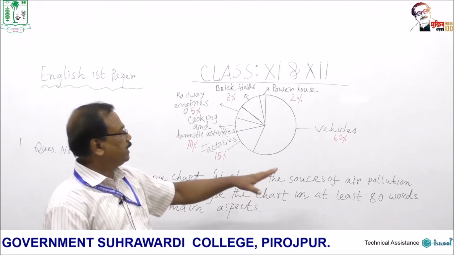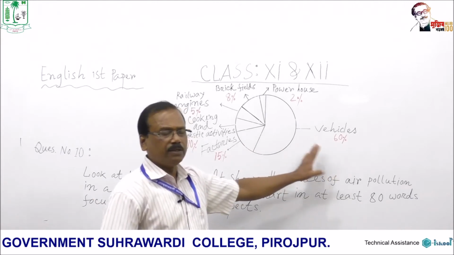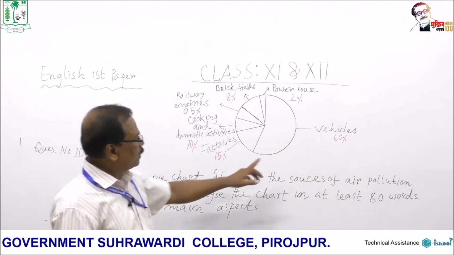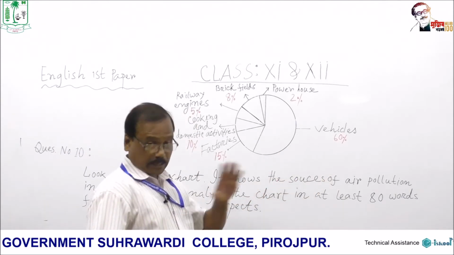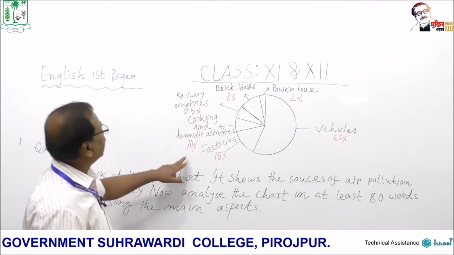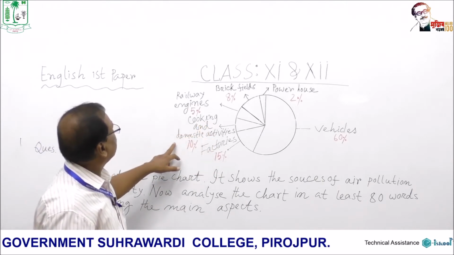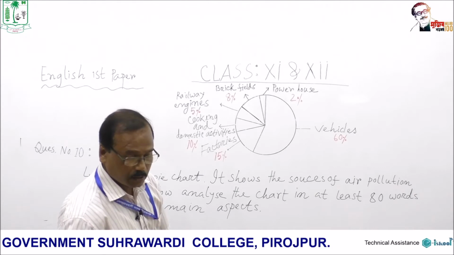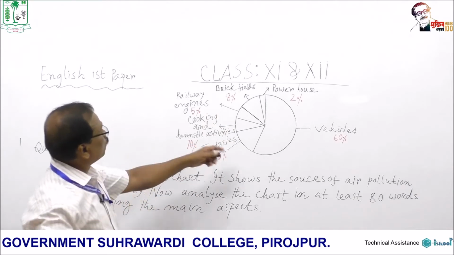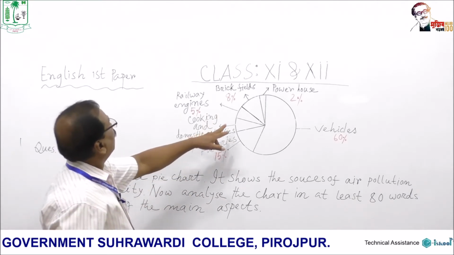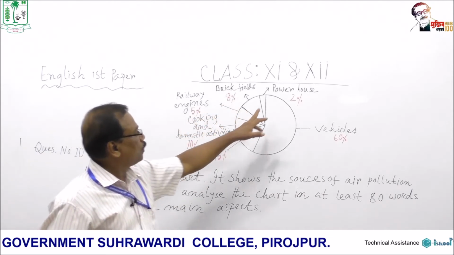All the spelling is very easy, because you will find the word in your question paper, in the question, that is what are those pollutions. The third sentence, they are vehicles, and then factories, cooking and domestic activities, railway engines, brick fields, powerhouse.